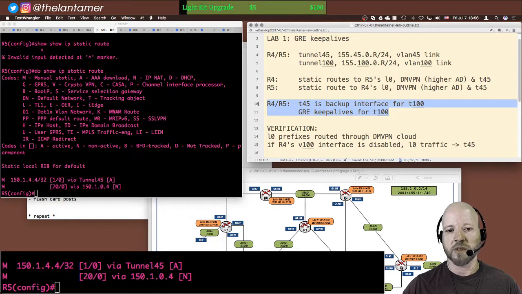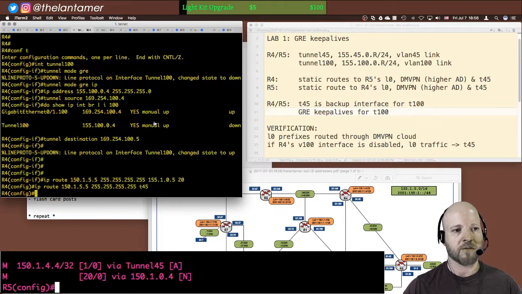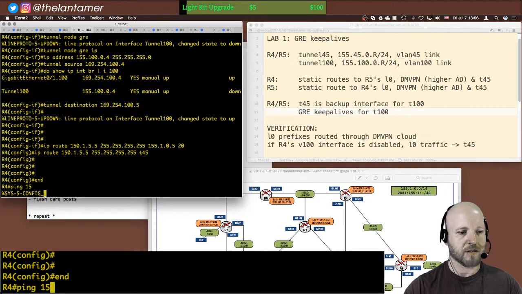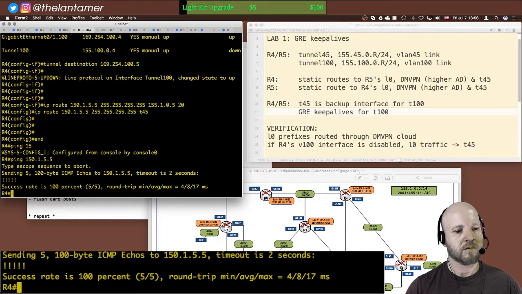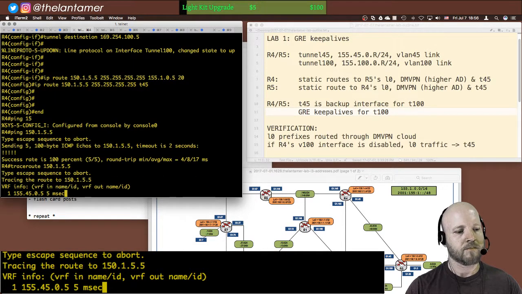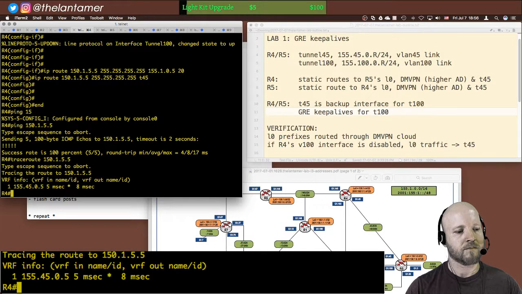Now here's the real meat of the lab right here. So router 4. By the way, let's make sure. Yeah, trace route. Okay, it's going via tunnel 45. That's right.